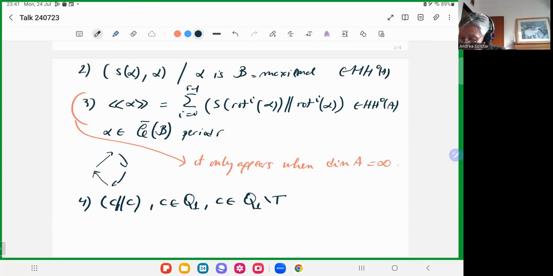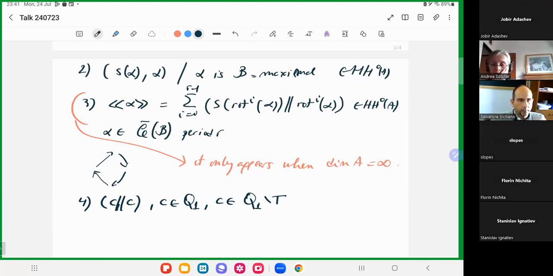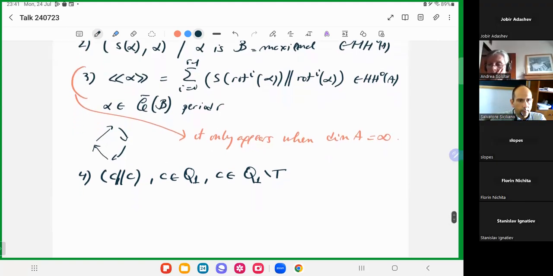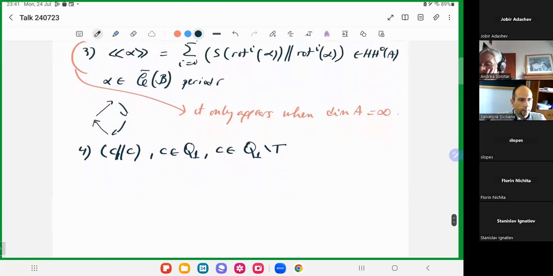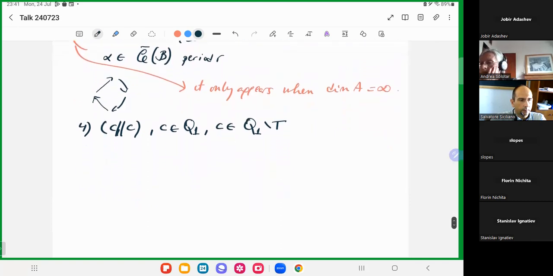So at first glance, one may think that they depend on the spanning tree that we have chosen, but this is not true. Okay, so we have this type of element that is in HH1.